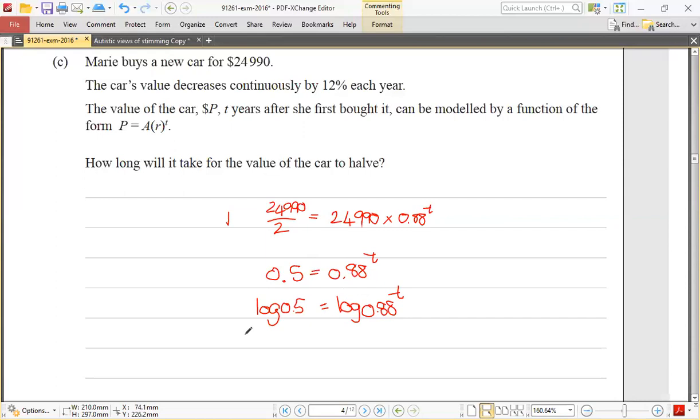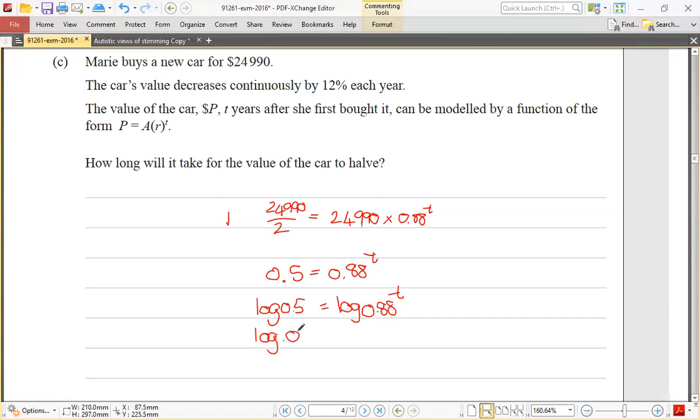Put the T in front. Yep. Then it would be blah, blah, blah equals T in front of the log. And then how do I get rid of the rest of it? Divide. Right.